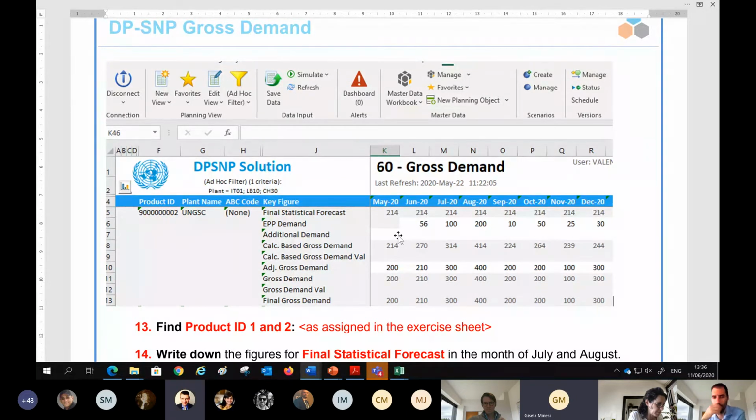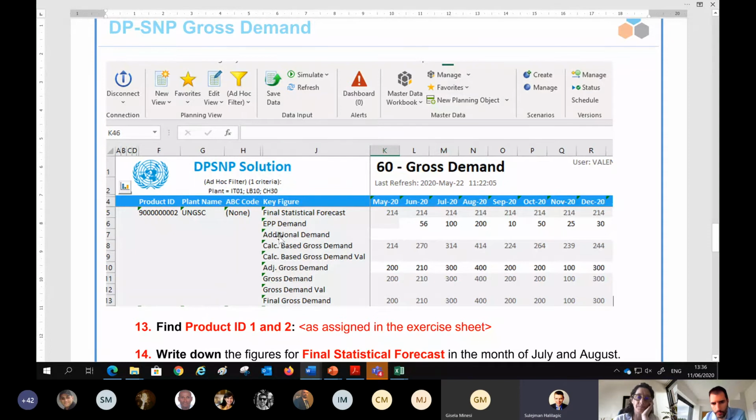But just a follow-up question on this one. Where will it flow? Because here you are adjusting the overall quantity. But if you have three sources, how is the change reflected? Let's say I reduce 20 containers. How does the system know that this will be reduced on the data coming from project, equipment or statistical forecast?